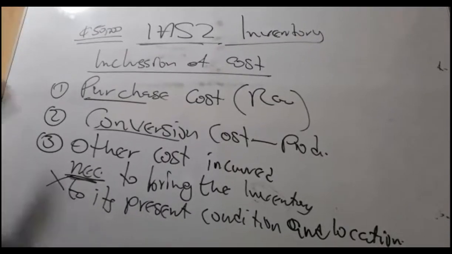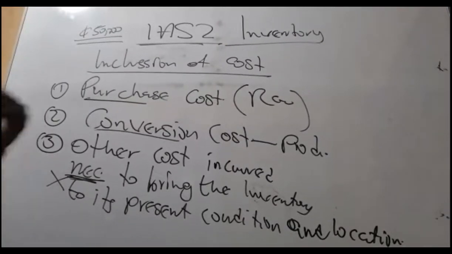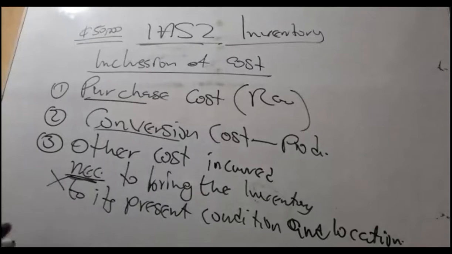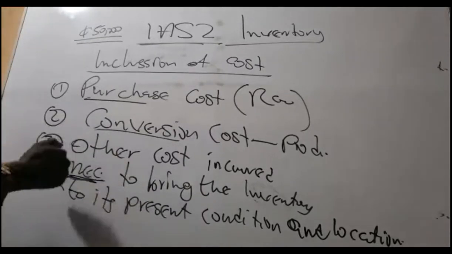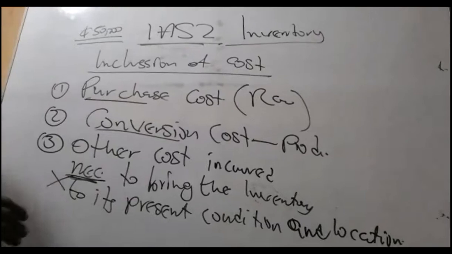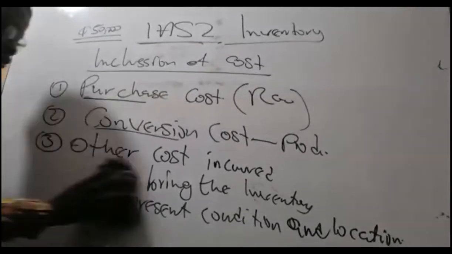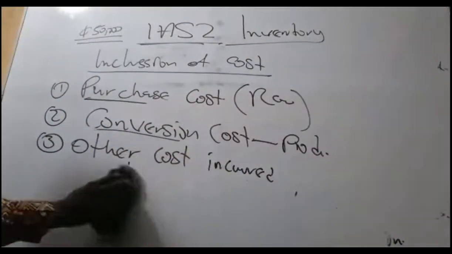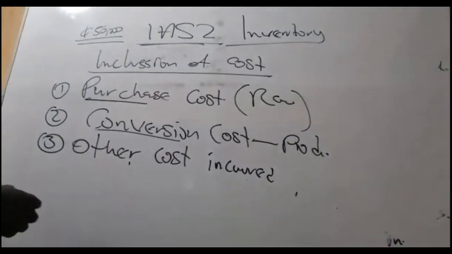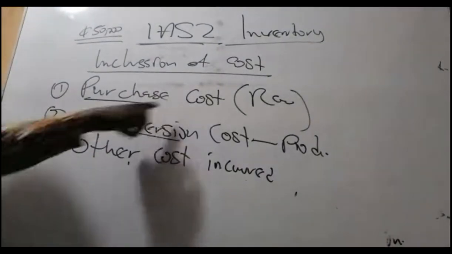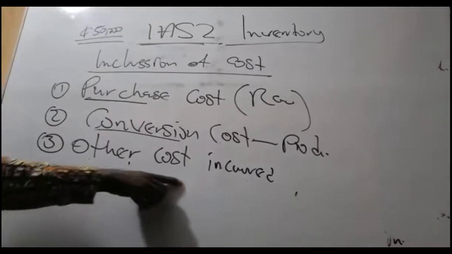That's good. So in the exams, when they ask you to calculate the cost of a certain inventory, the examiner is just asking you to bring these issues down. Basically, there are three: purchase cost, conversion cost, and any other cost.